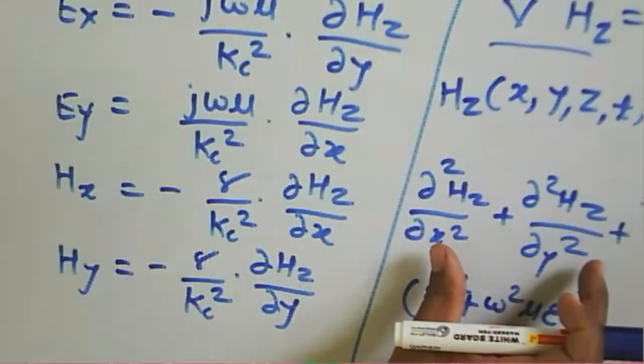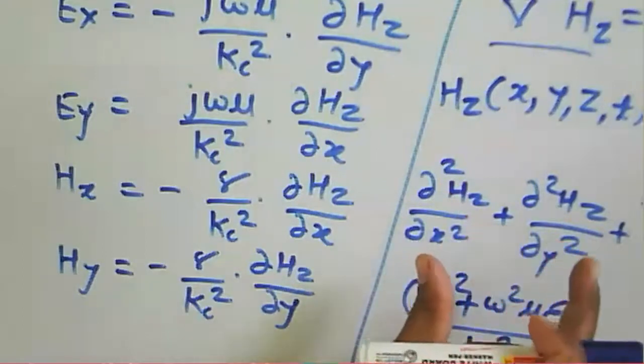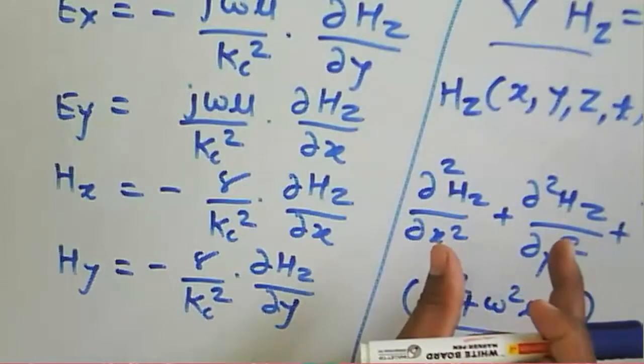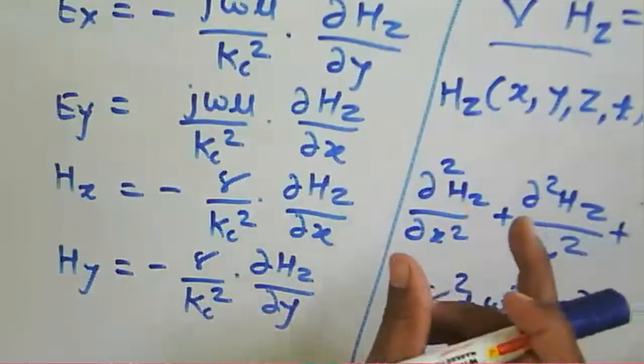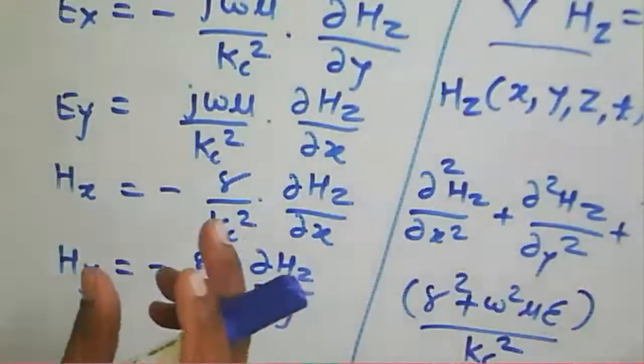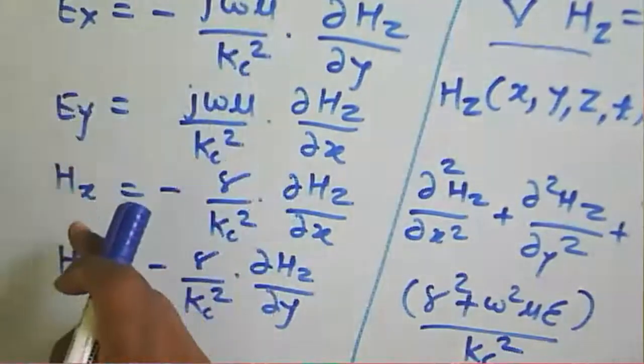Now we make a substitution of Hz in terms of a constant term and solve this particular equation. After solving, we get the equation in terms of Hz, and then you can use that Hz equation to obtain Ex, Ey, Hx, Hy.